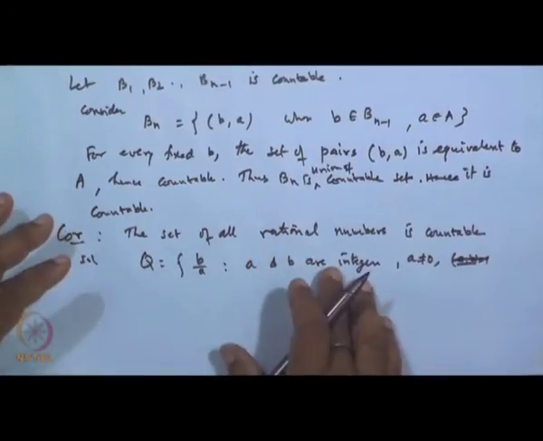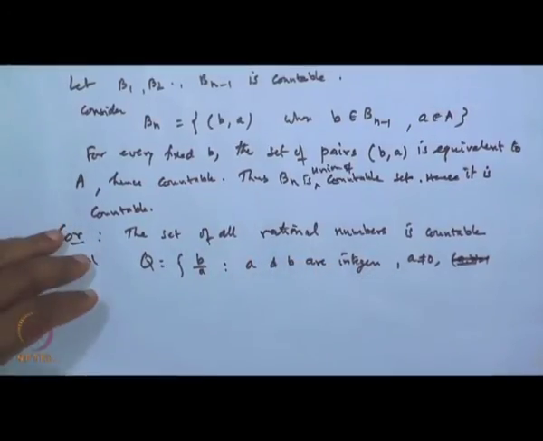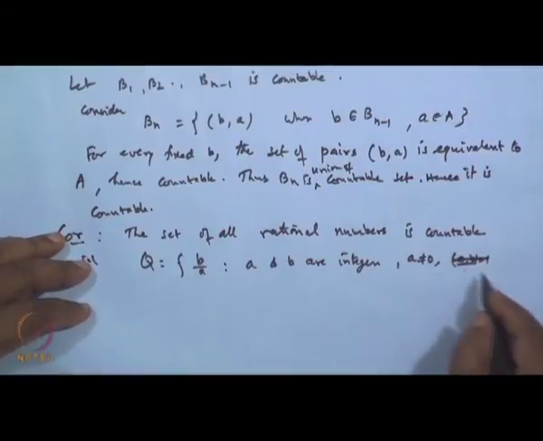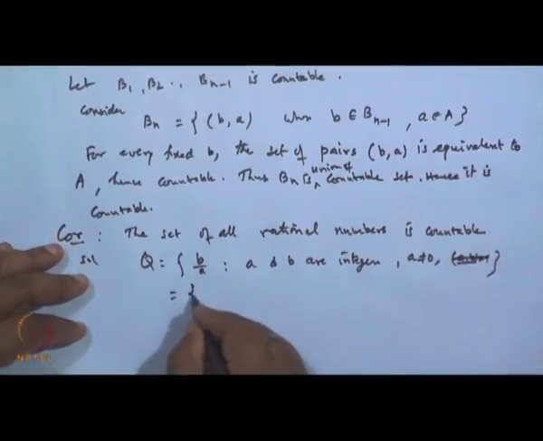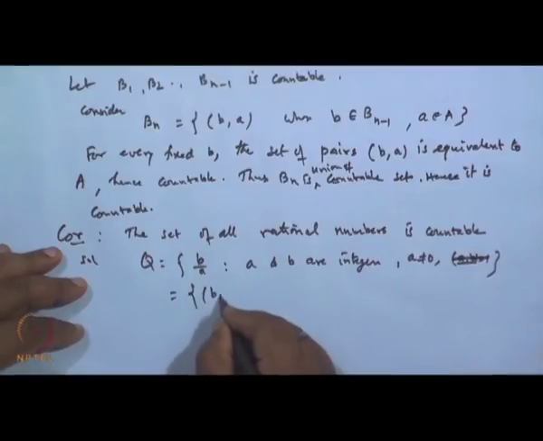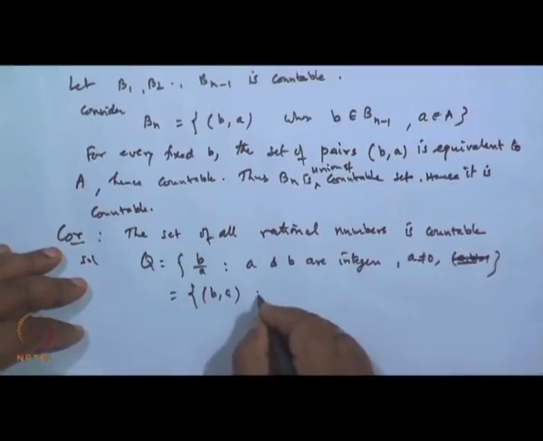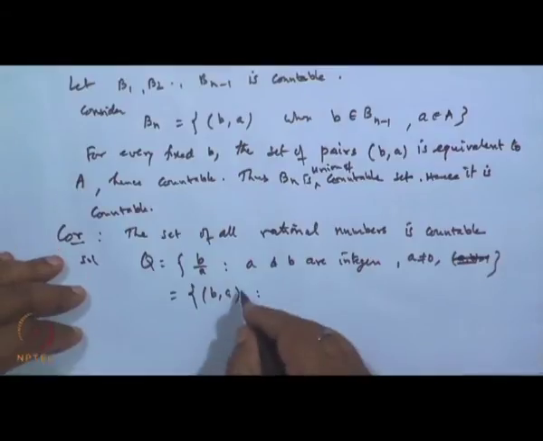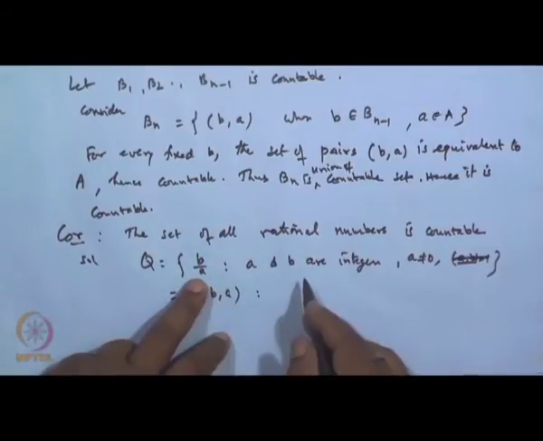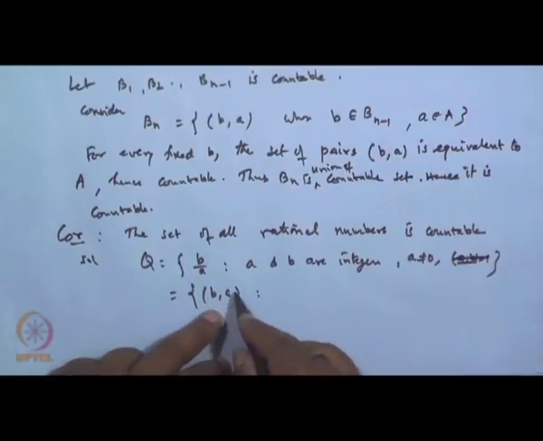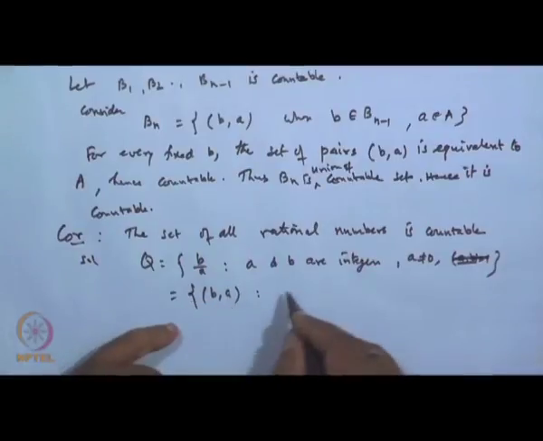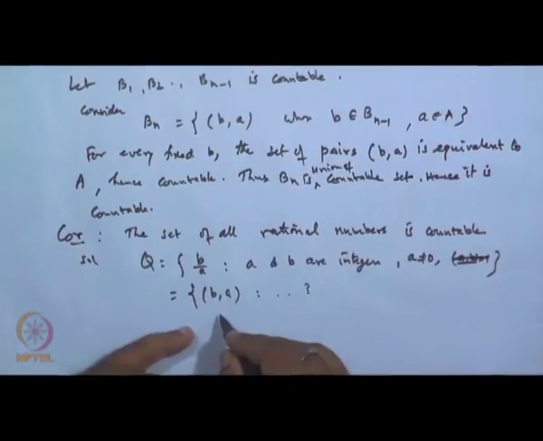So, this is all general in the form a by b. Now, what is this? This is basically an ordered pair, where a is an integer, b is also an integer, and both are countable sets. So, basically it is a union of countable sets.